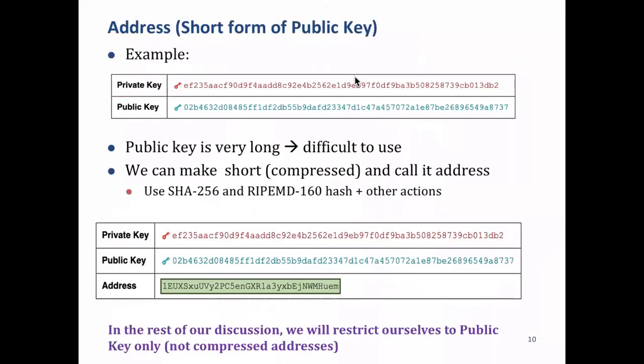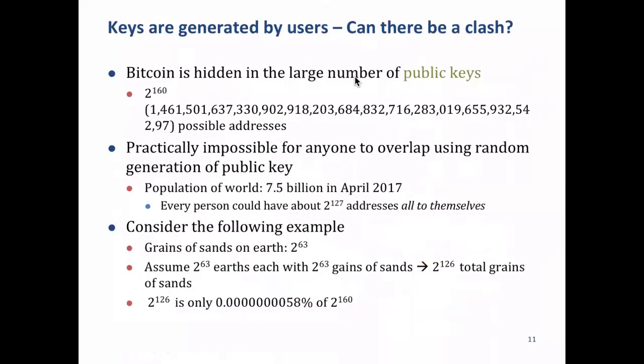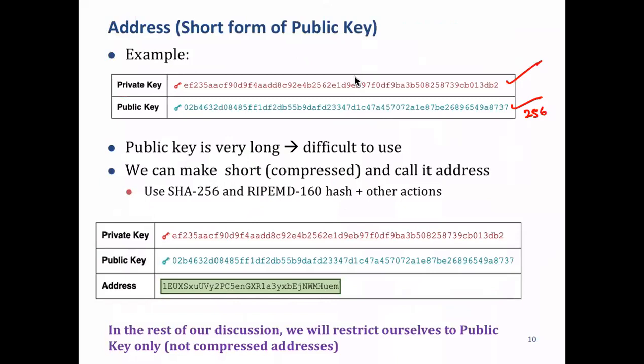Now these keys are very long. The private key has to remain the same, but the public key can be compressed because 256 bits is just too large, right? So we can hash it and convert it into a 160 bit key. There's a minimum that's required.